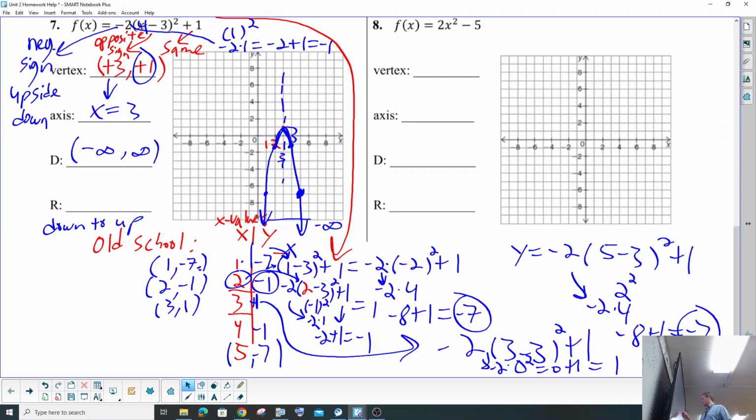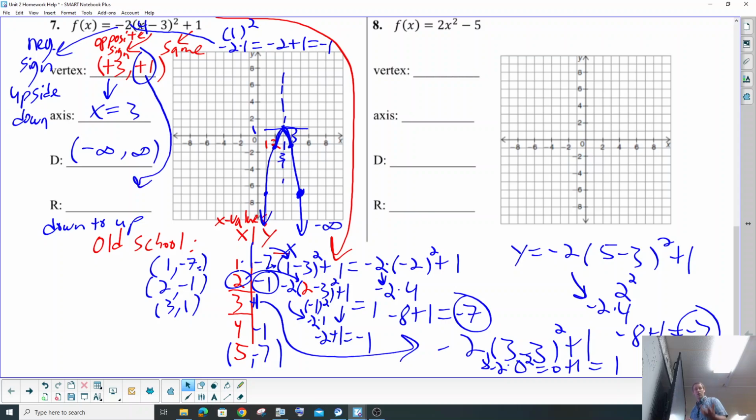From negative infinity, going up to negative 8, negative 7, negative 6, negative 5, negative 4, negative 3, negative 2, negative 1, 0. A positive 1 is where it starts, which is our vertex. Our range is our vertex.